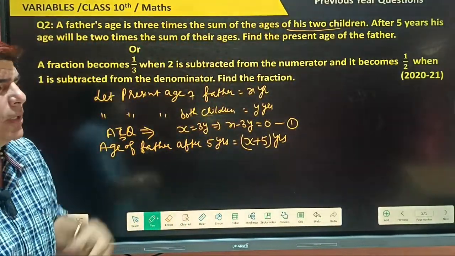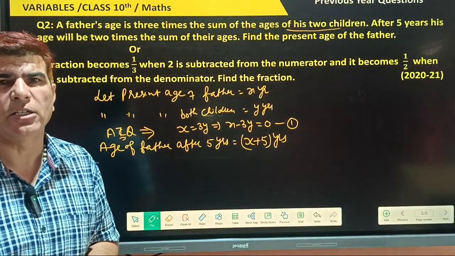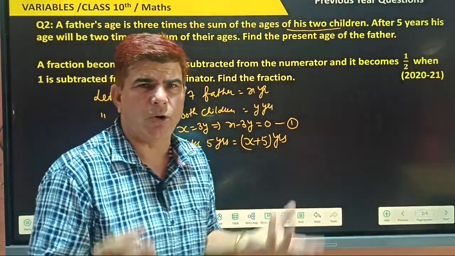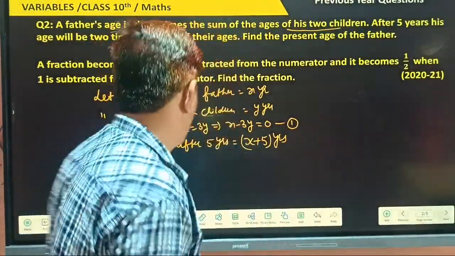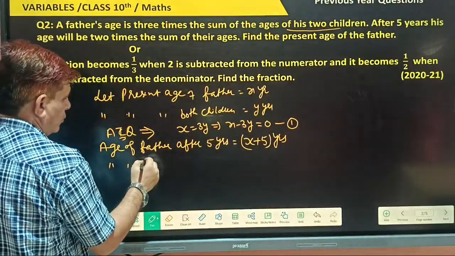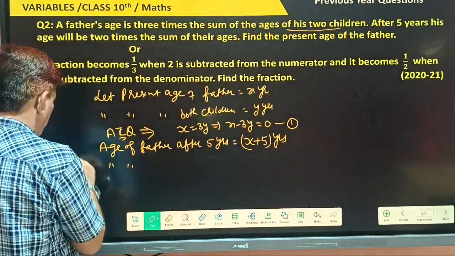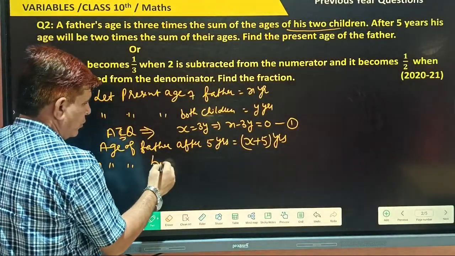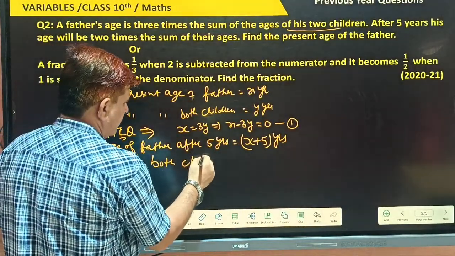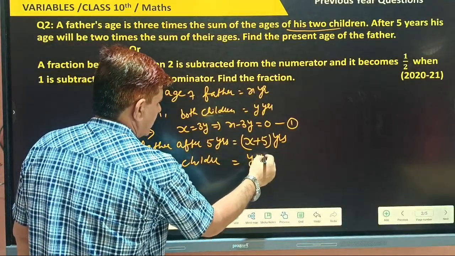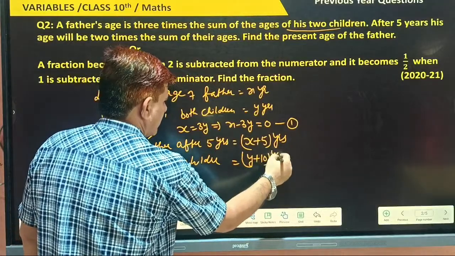So after 5 years, how much does their age increase? 1 child's age increases 5 years, so 2 children, how much increase? 10 years. So you can say the sum of the ages of both children is y plus 10 years.